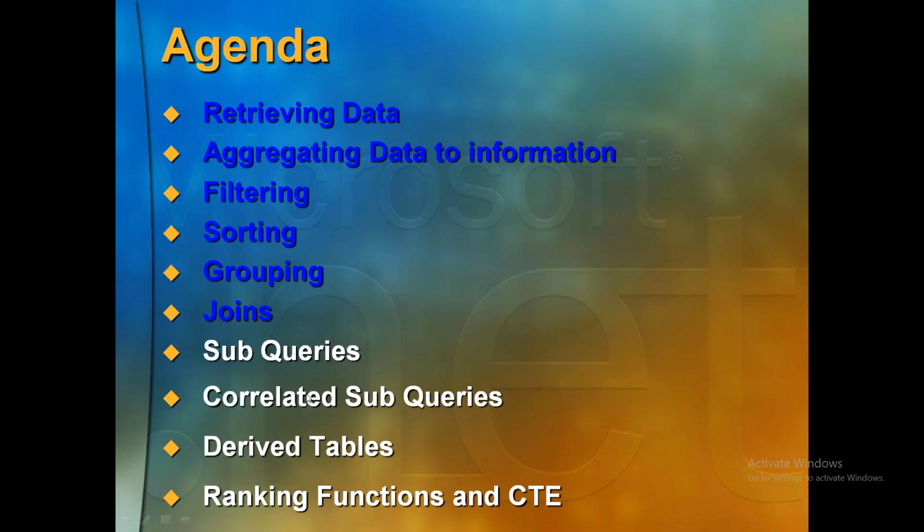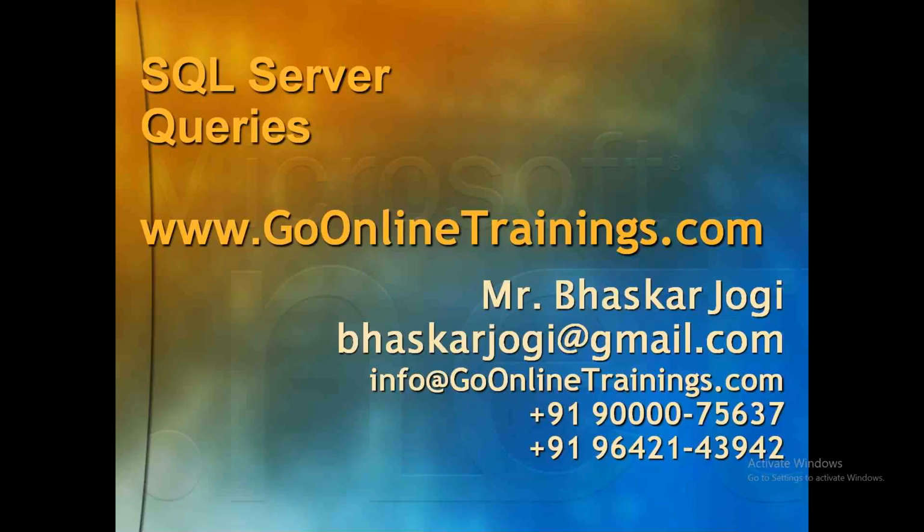Once that is over, then in Monday's class probably we'll discuss derived tables, and Tuesday and Wednesday we complete ranking functions and CTEs. Clear? So next week we'll complete queries, right? Queries are very, very important. You cannot underestimate. Start writing your queries without fail, guys.